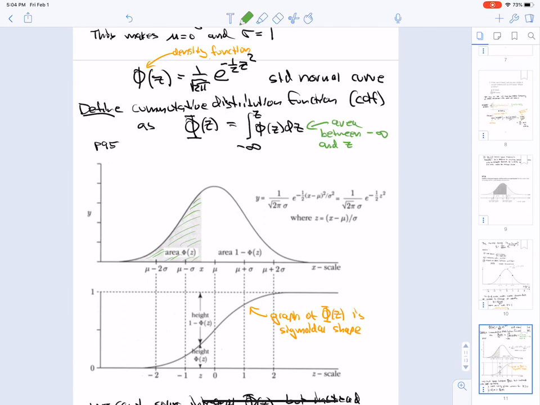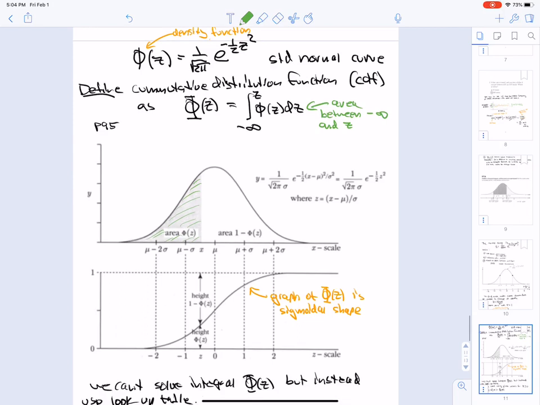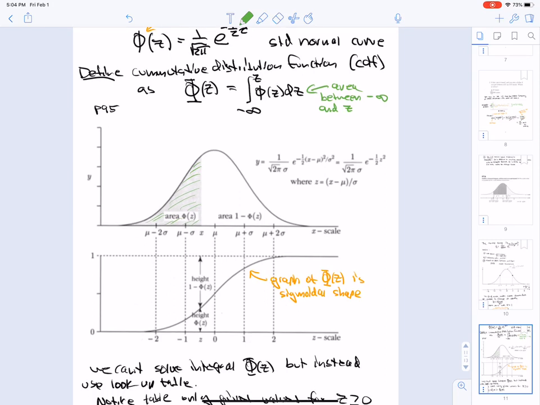The cumulative distribution function, or the CDF, is the area to the left of z. So capital phi of z is the integral from minus infinity to z of the density function, but this doesn't have a closed form. So instead, we're going to use a lookup table, or you can use a computer to find that.